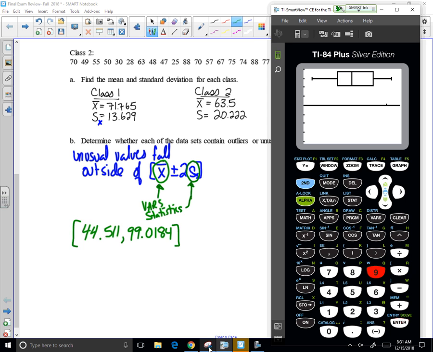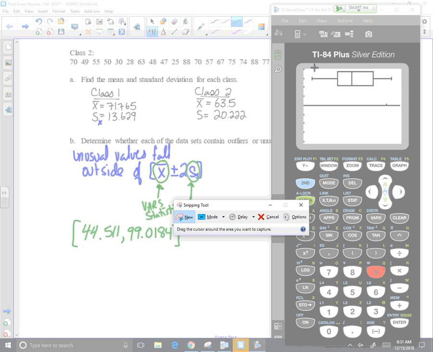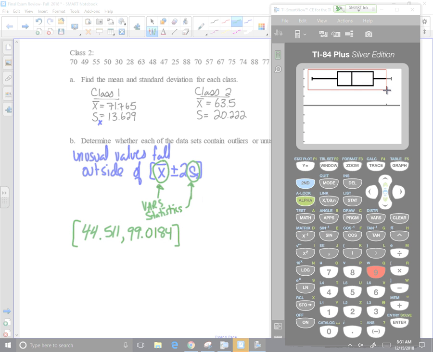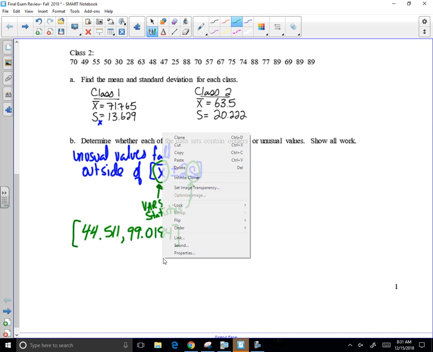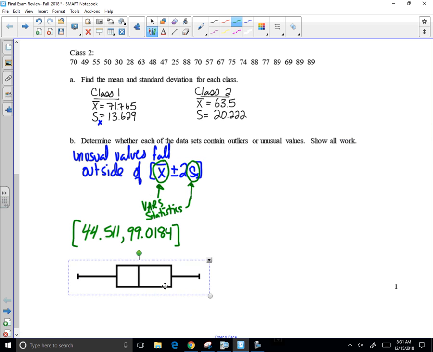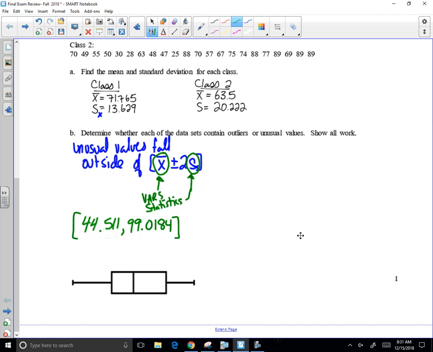So this is the modified box plot. It's surprising because you expect it to look different. But what this is telling us is that there are no outliers.